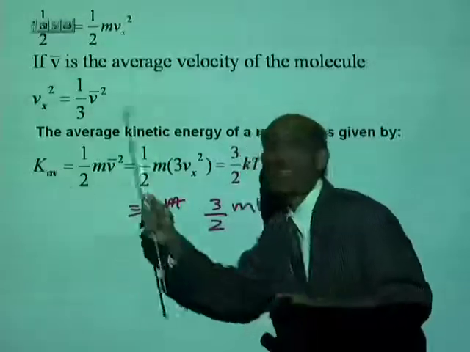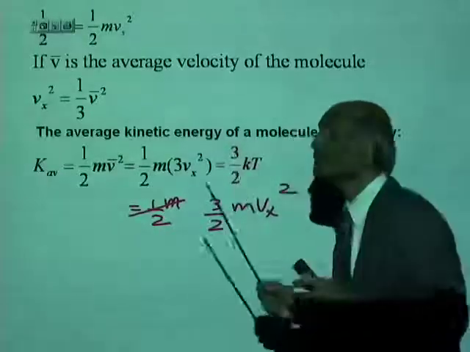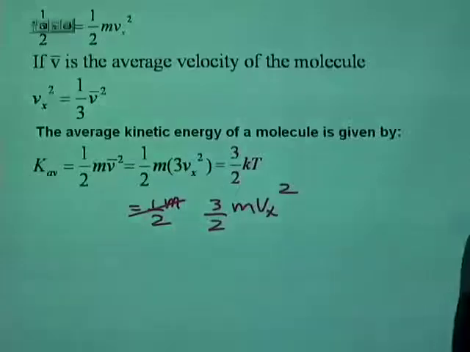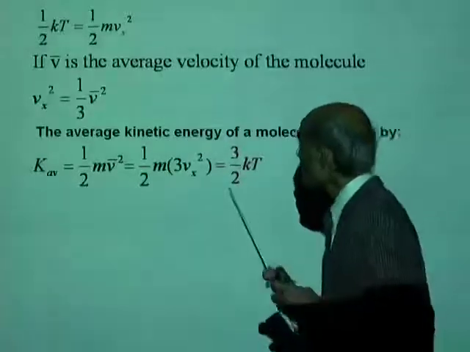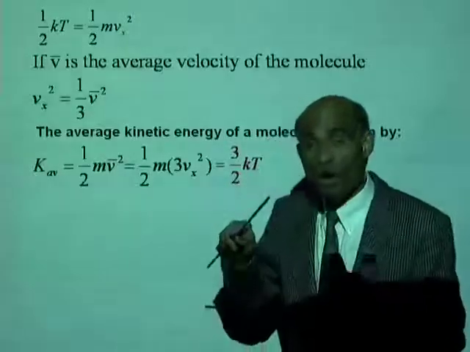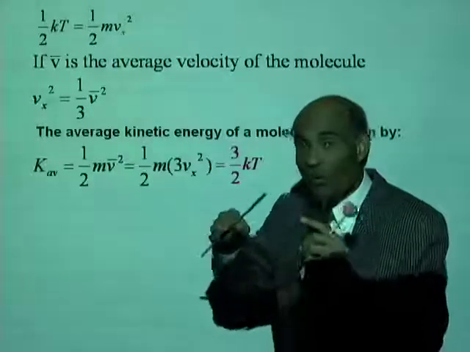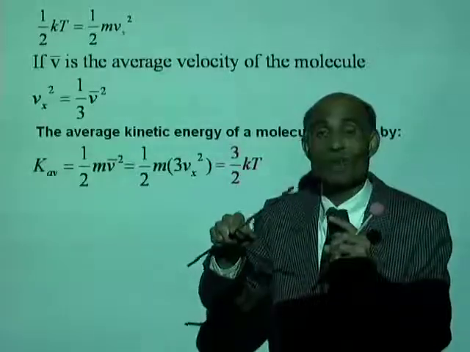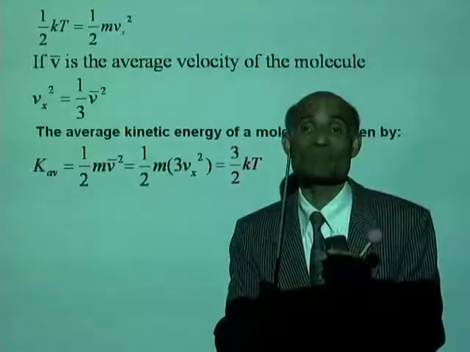The average kinetic energy of a molecule is 3/2 kT. I want you to sort of assimilate that information. Now, this 3/2 kT is actually made up of 1/2 kT along the x direction, 1/2 kT along the y direction, and 1/2 kT along the z direction.